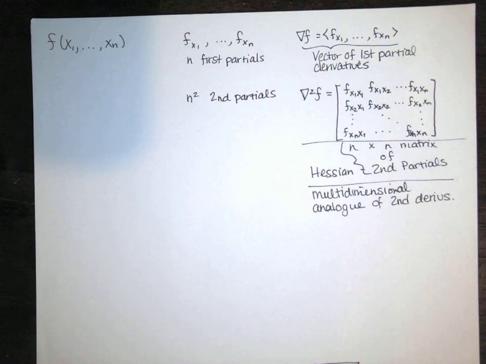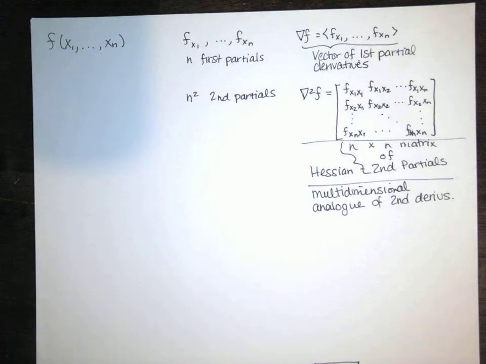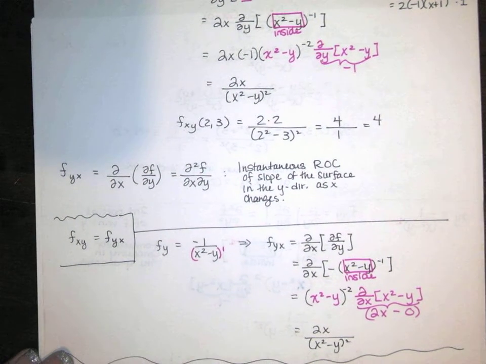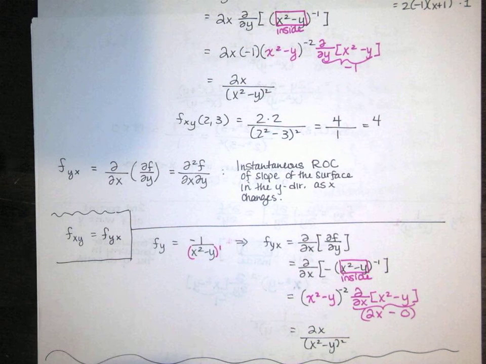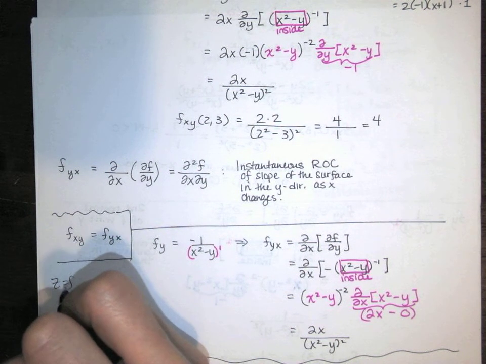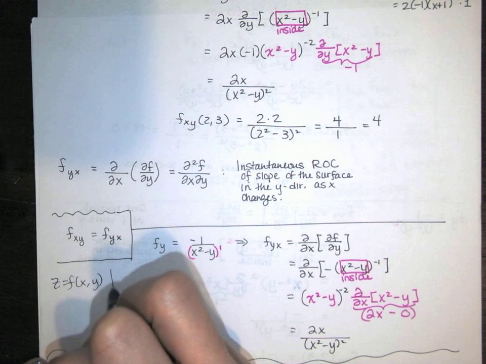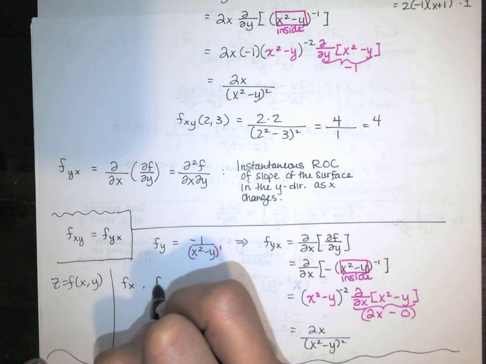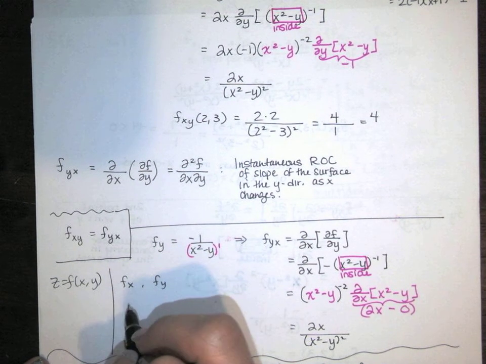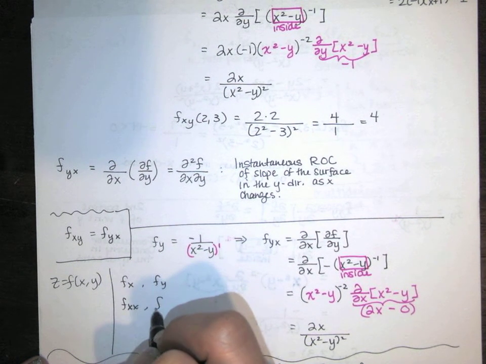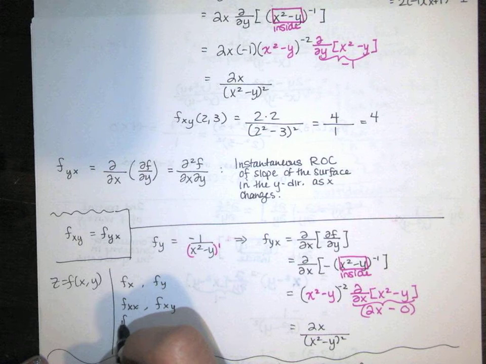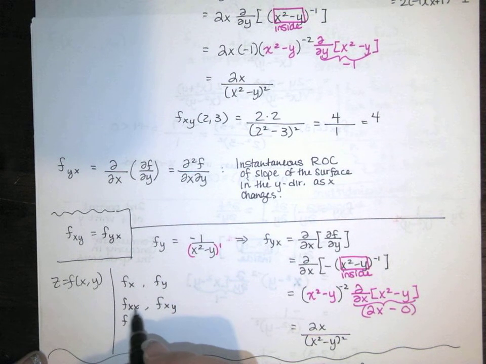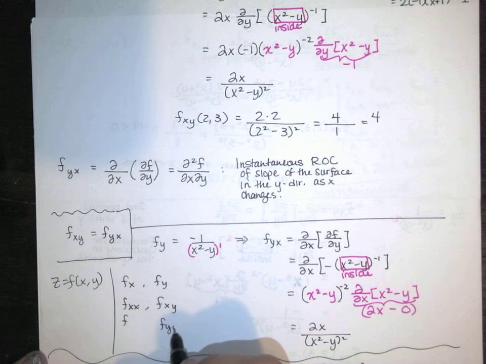Okay, so that's what you can expect for second partials. Most of the time in this class, we're dealing with a function of two variables. So we have z equals f of x, y. So we've got first partials with respect to x and y, second partials with respect to x, second partials with respect to y.